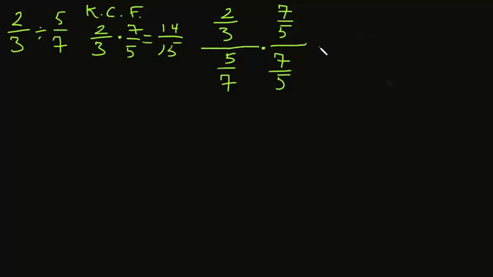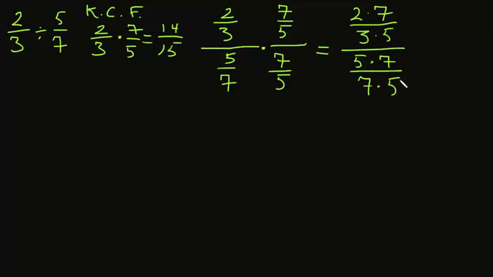So when we multiply this all by the new fraction equal to 1, well, let's see what we get. Multiplying across, 2 times 7 is 2 times 7, and 3 times 5 is 3 times 5. So much for the numerator. And the denominator, we've got 5 times 7 over 7 times 5.